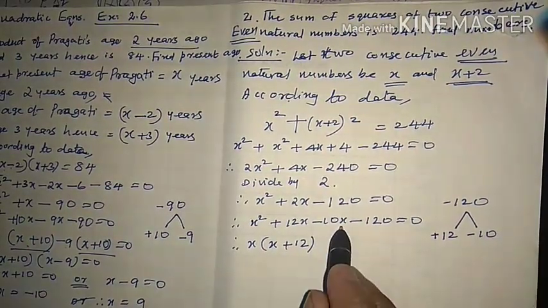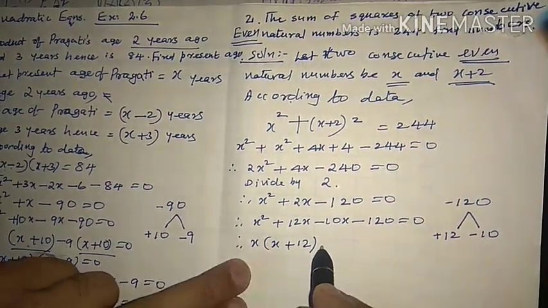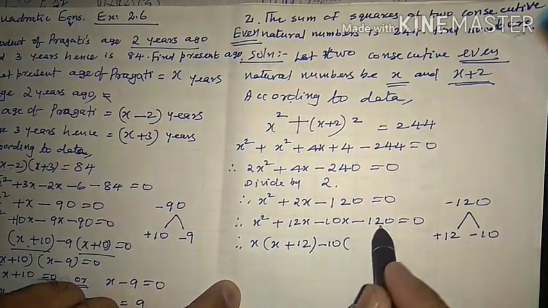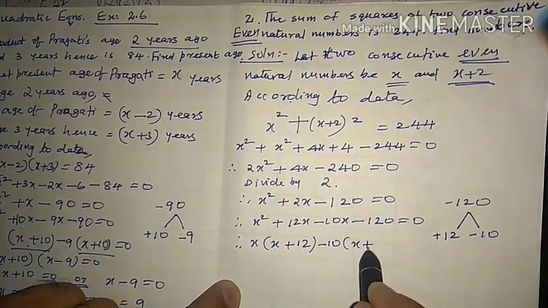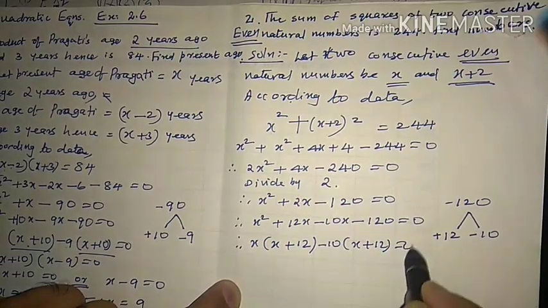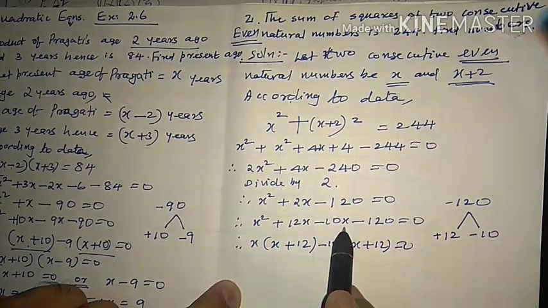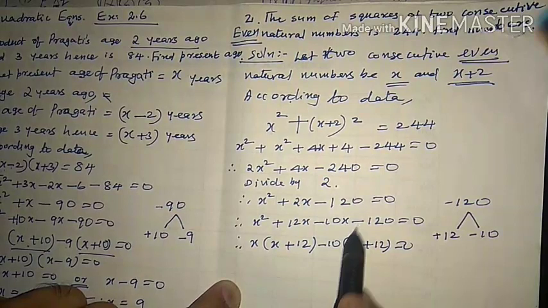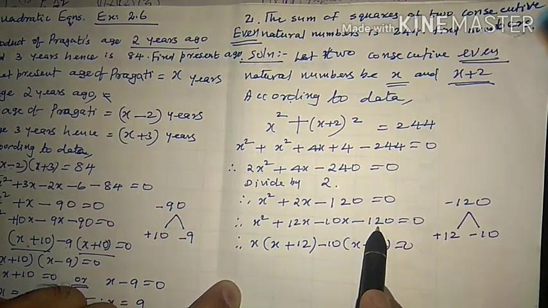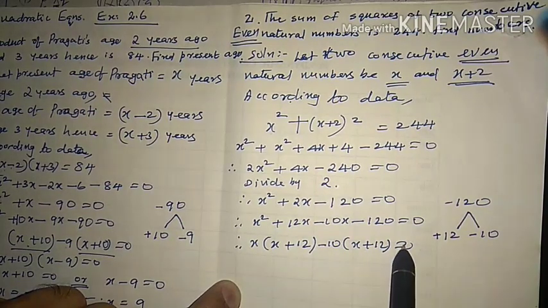Now from the last two terms, we take out the common factor minus 10, remaining x plus 12 only. Check: minus 10 into x is minus 10x, and minus 10 into plus 12 is minus 120.